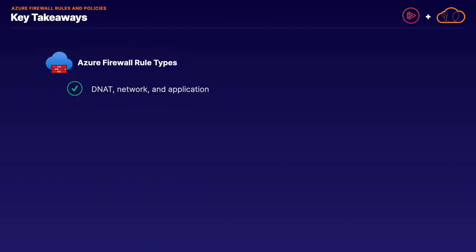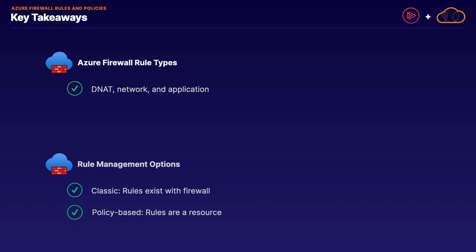We have our DNAT rules, our network rules, and our application rules. And then we have the rule management options of having classic rules that exist on the firewall resource. And this gives us more administrative overhead, which is solved by policy-based rules, which abstract away policies and put them into a separate resource so that we can administer them all from Azure Firewall Manager.